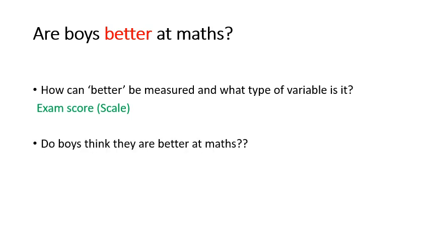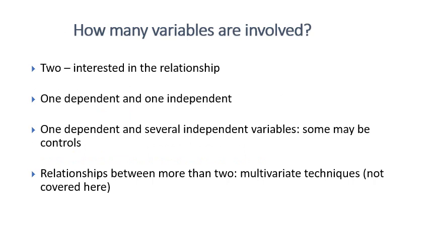Do boys think they are better at maths? For example, the statement "I consider myself to be good at math", and that answer is ordinal. So how many variables are involved? You have two, interested in the relationship: one dependent and one independent.